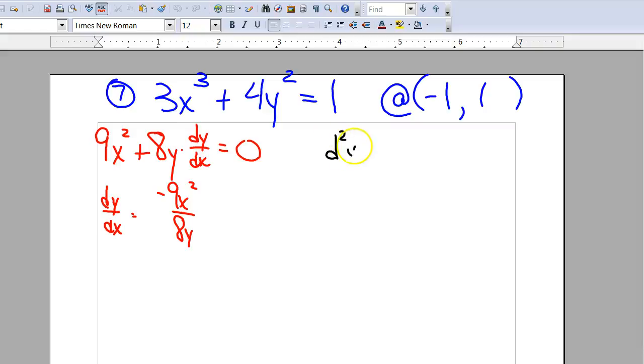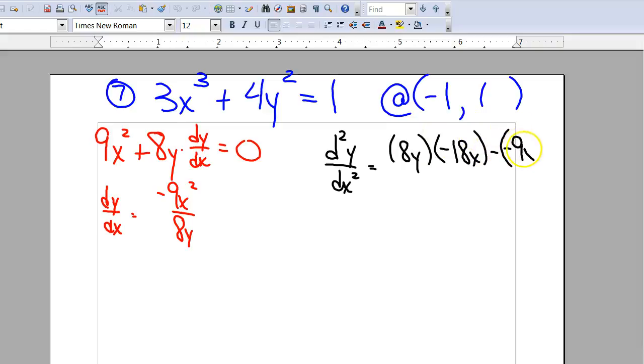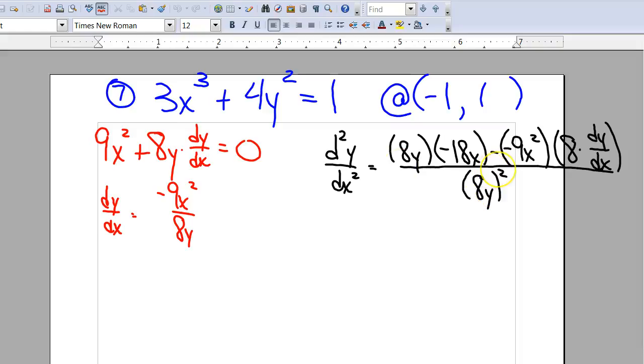So d2y over dx2 equals, I want the bottom, times the derivative of the top, which is just negative 18x, minus the top, times the derivative of the bottom, which is 8, times dy dx, all over bottom squared.